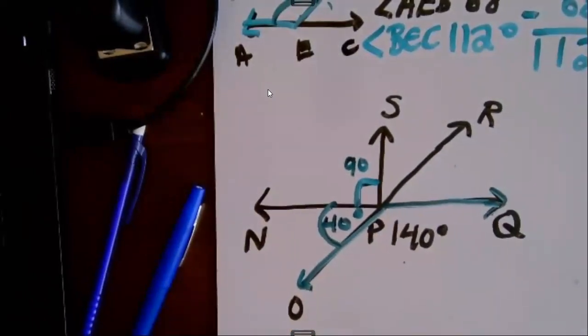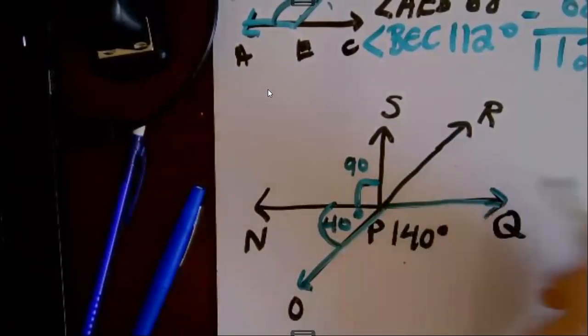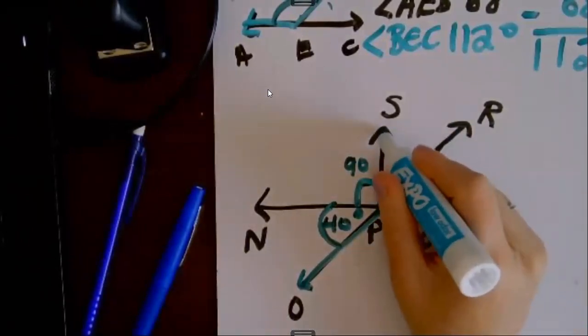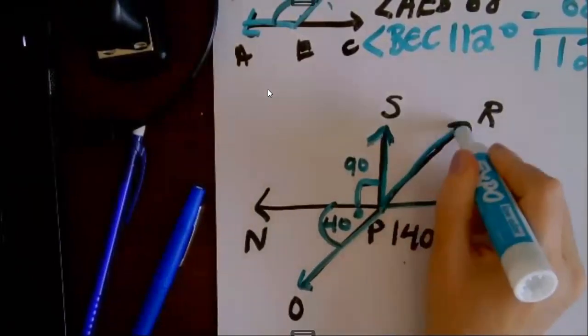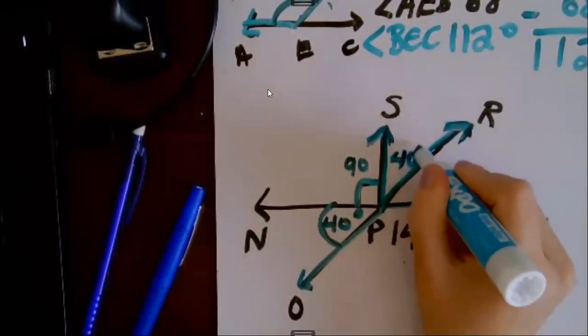Let me just take a look here. I get questions before they happen. So they're giving you some angles too. They said the measure of SPR is 40. So right here, they're saying that this SPR is 40 degrees.